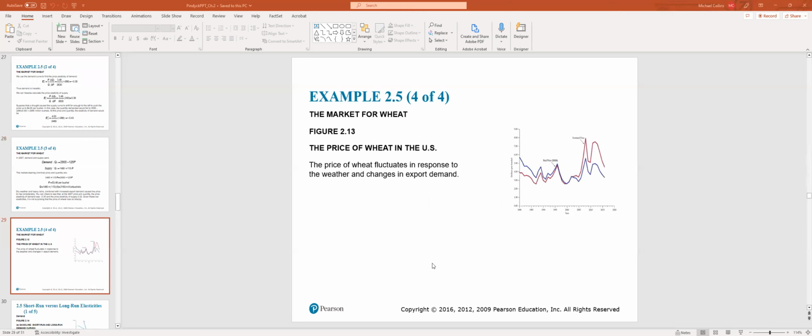The price of wheat in the US, we can see here, is over a decent time horizon. We should always focus on the real price because that backs out inflation. But in 1980, wheat was close to 6. Then in 2000, it was close to 3. That's a 50% drop over 20 years, right?